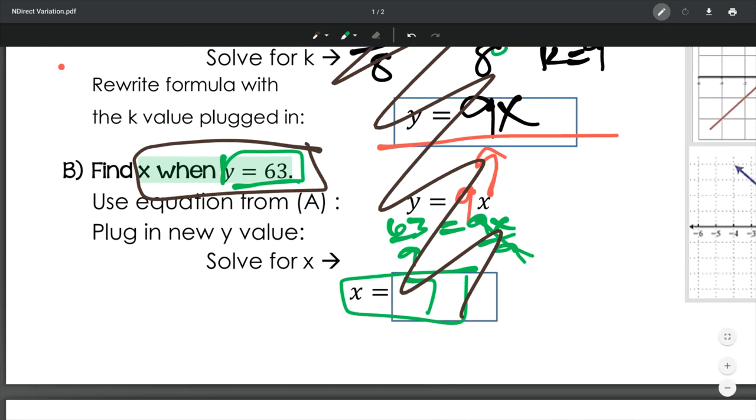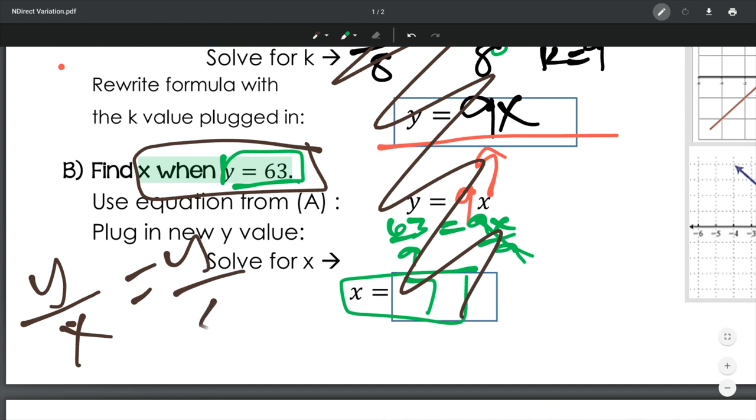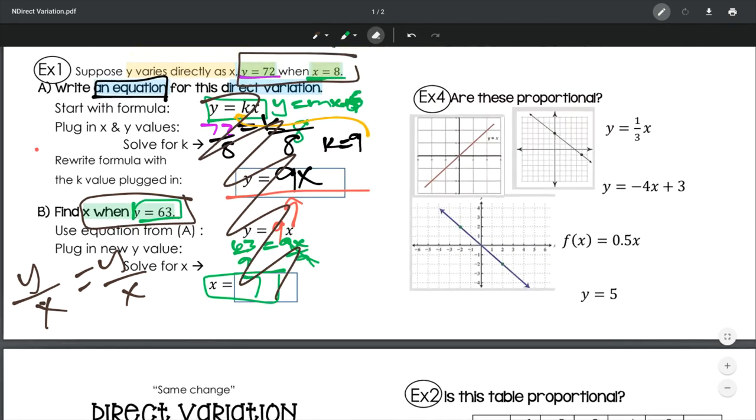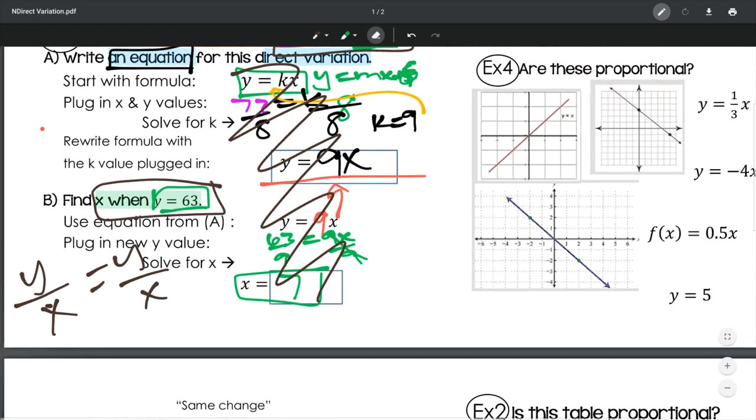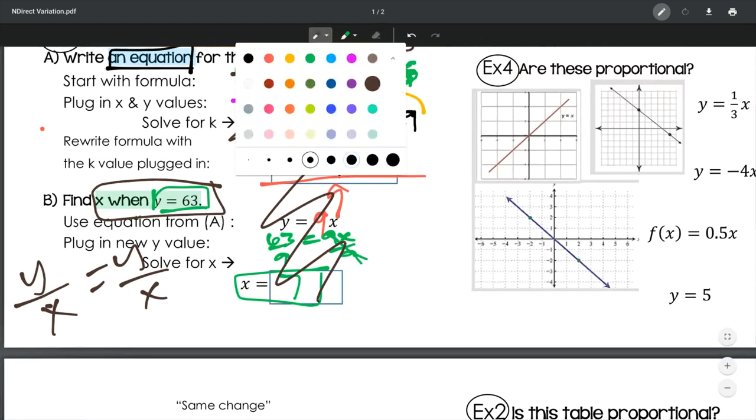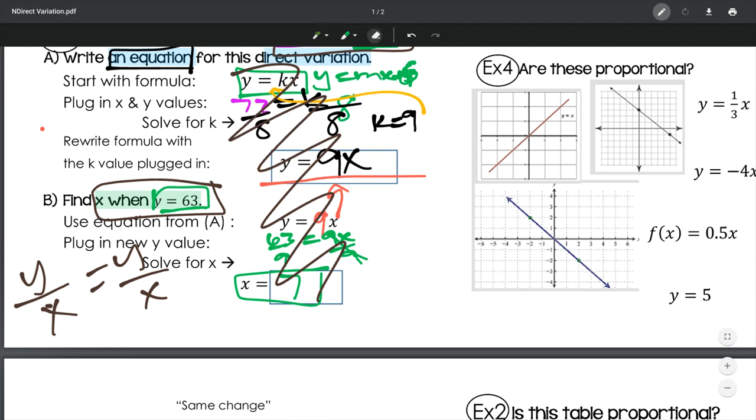So what you're going to do is set it up as y over x equals y over x. And we're going to go ahead and replace it with our x and y values. So this x value right here, we're going to use it from the original problem.